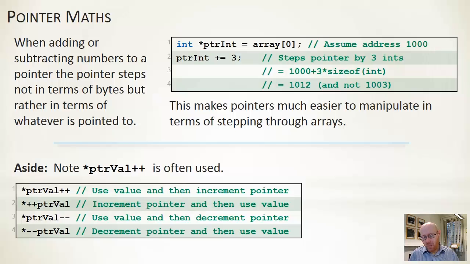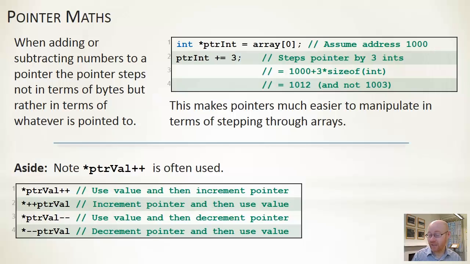Now, there's a couple of different interpretations of this. So we are increasing our integer pointer. It doesn't increase that value by 3 memory locations. So if we were pointing to memory address, say 1000 in hexadecimal, it doesn't change it to 1003.